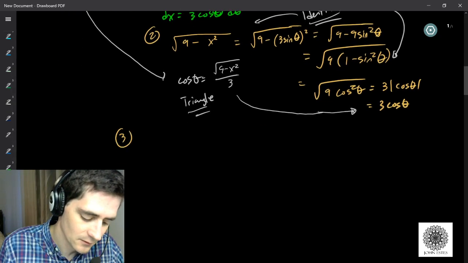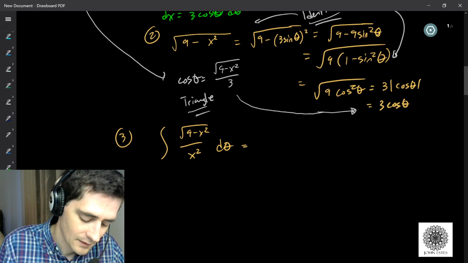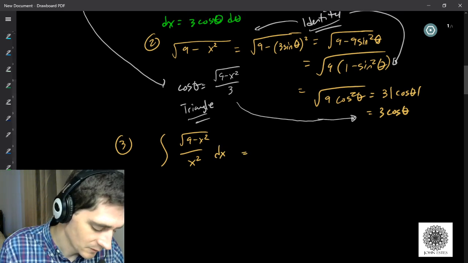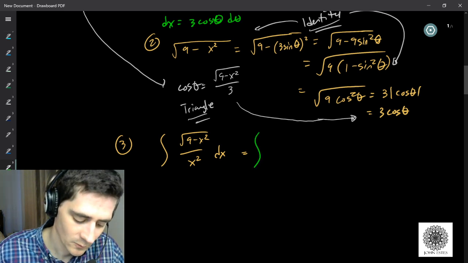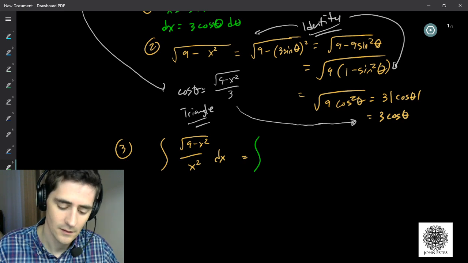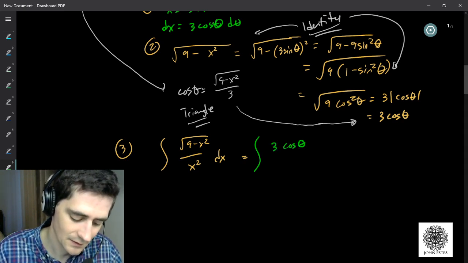So I had the integral of the square root of 9 minus x squared over x squared dx. I'm sorry, got a little ahead of myself there, dx. And now I'm going to replace this with, well, let's see, the square root of 9 minus x squared is actually the same thing as 3 cosine theta, right? We just said that.